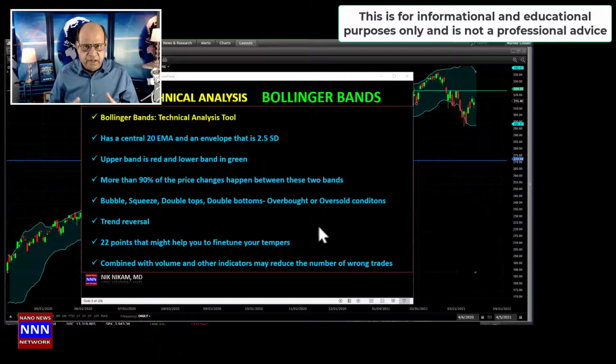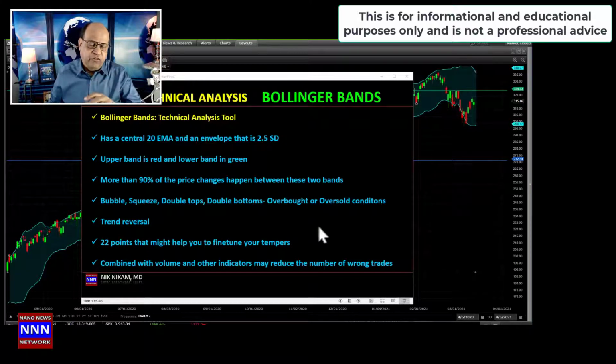And another important thing is when these bands go from a bubble, they can go into like a narrow strip. It's called the squeeze. I call it the choke. When you see that, you better be prepared because it's going to explode either in the upward direction or the downward direction.